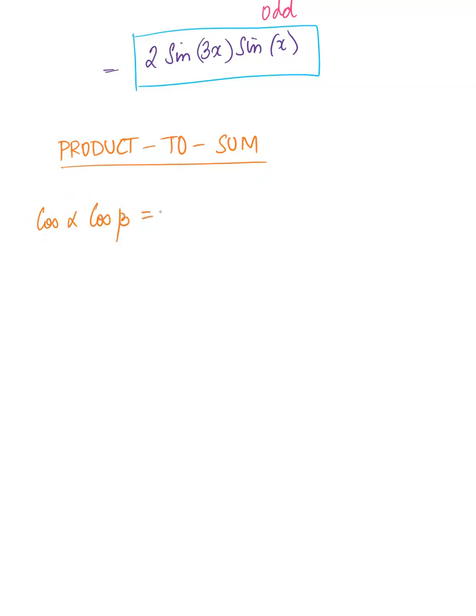It's now given as a product, right? So to write it separately as a sum, it will be half of cosine alpha minus beta plus cosine alpha plus beta. It's just rearranging the terms so from the one from the other, right? From the sum to product, if you rearrange it, you get product to sum.